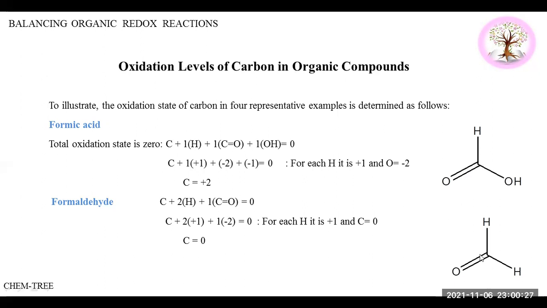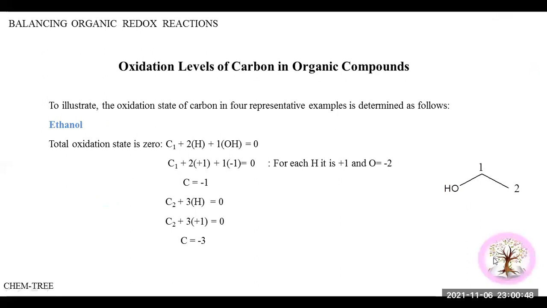Whereas the carbonyl carbon of formaldehyde is at 0 oxidation state, because the -2 and the 2 plus 1 cancel. So by following these rules, formic acid carbon has an oxidation state of +2, whereas formaldehyde has 0. Similarly, you can calculate for ethanol and the others.